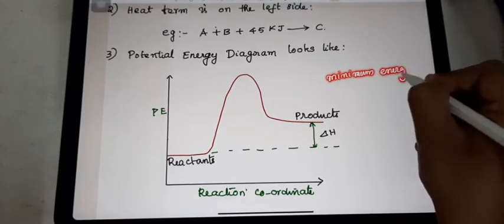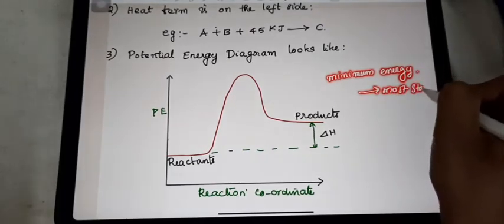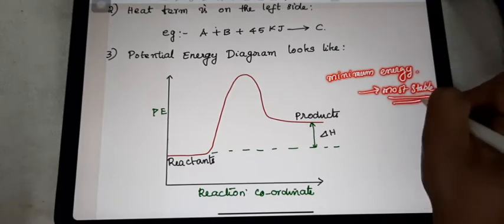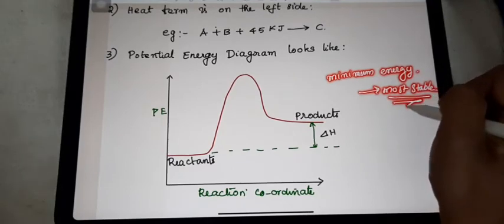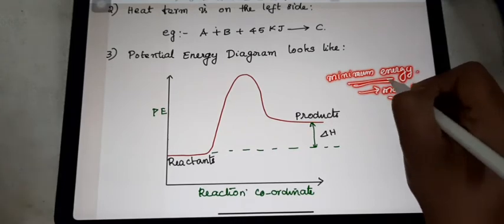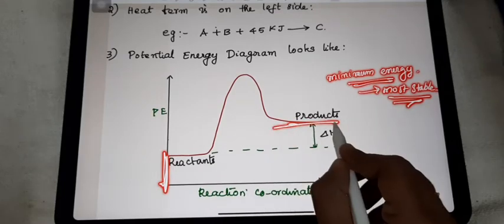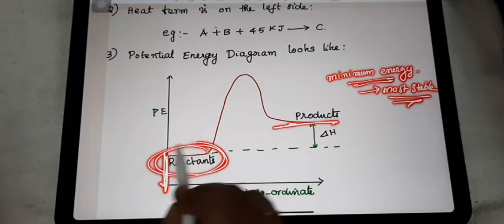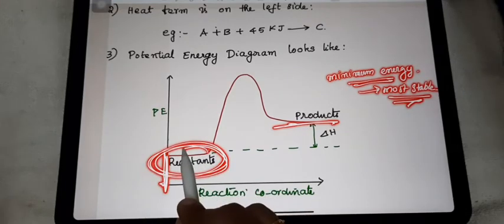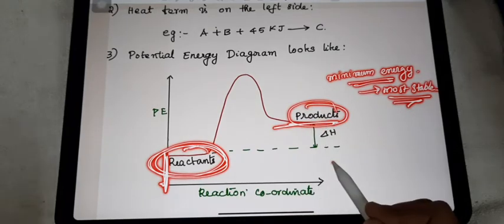Minimum energy means the most stable situation, and everyone prefers a stable situation. How does that happen? With the help of minimum energy or minimum enthalpy. So here the reactants have minimum energy compared to the product, right? So reactant formation is generally favored more than product formation in endothermic reactions.